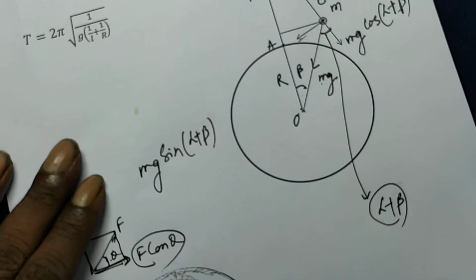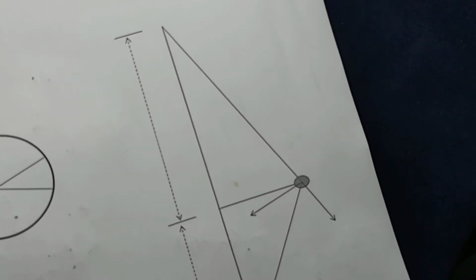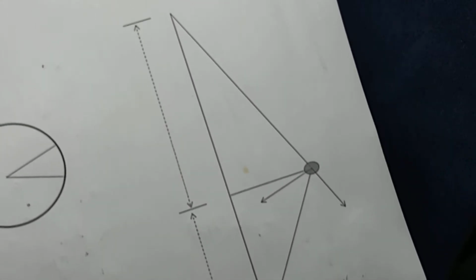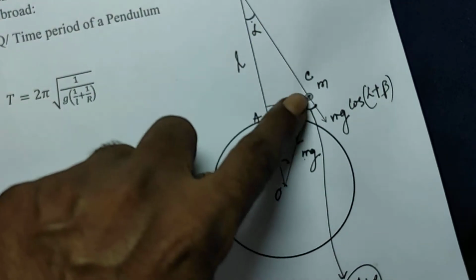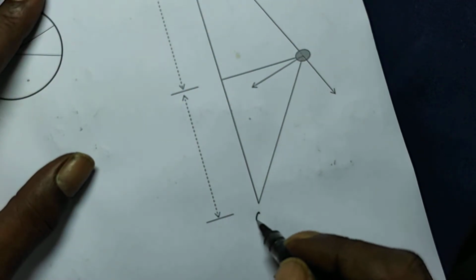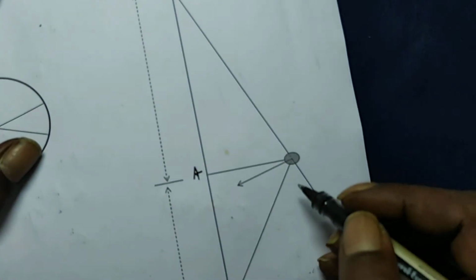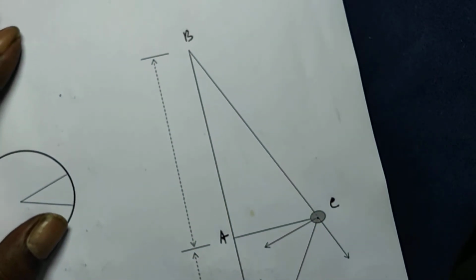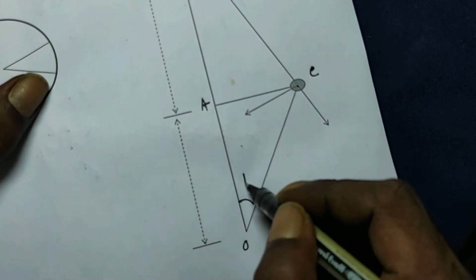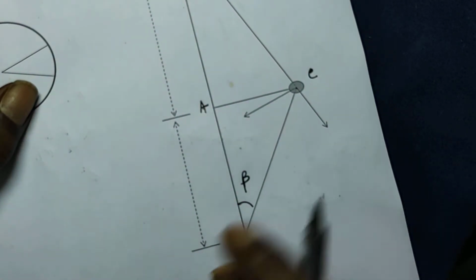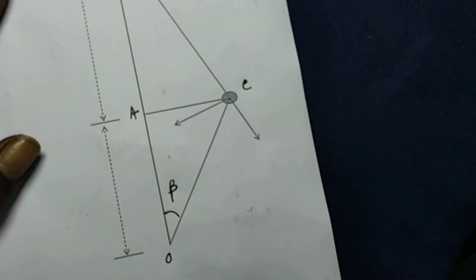To explain it better, I have redrawn the diagram on the other side. Come here. Now let me rename: this point was O, this point was A, this point was B, and this point was C. This I had taken as alpha, and this I have taken as beta, as you can see here.